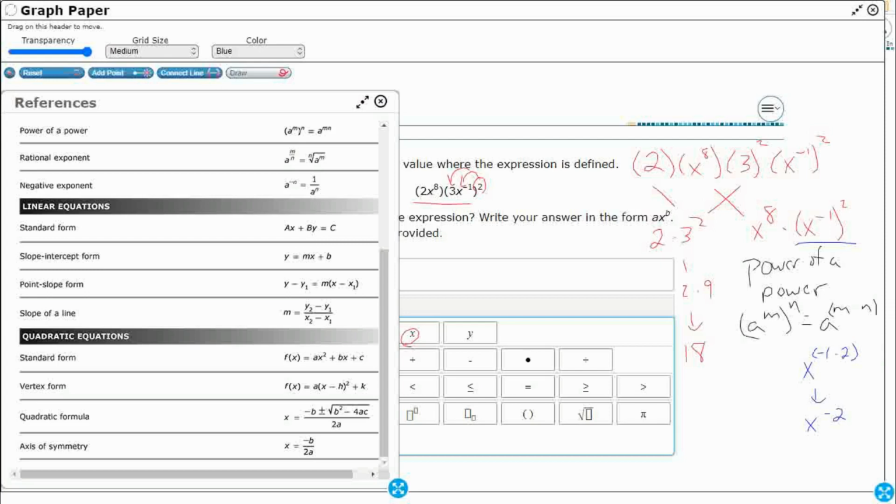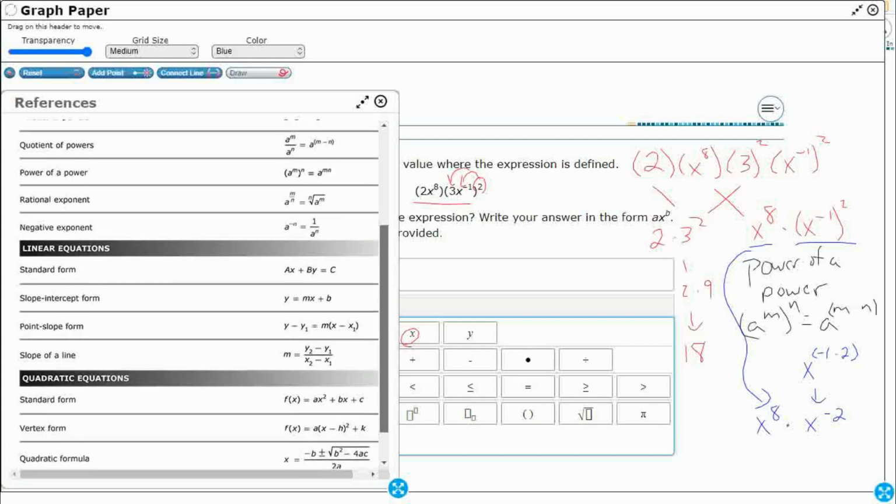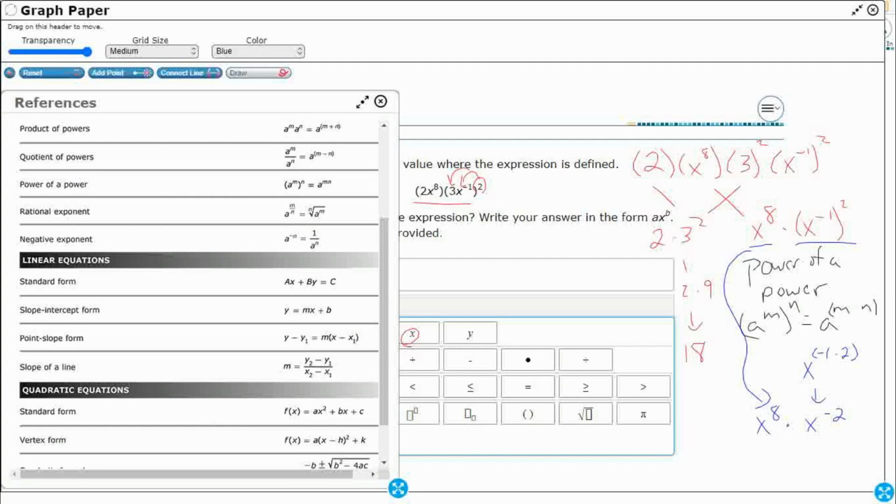All right? Now, what do we do with our x? I've got my x to the 8th right there, times x to the negative 2. So that's what that's going to end up being, x to the 8th times x to the negative 2. Well, what we do with that is, let me scroll up a little bit here, we see our product of powers, okay?